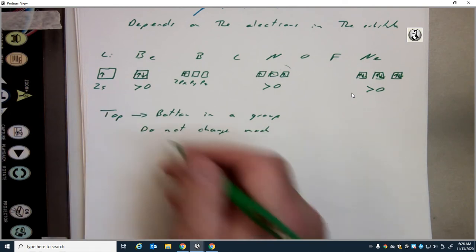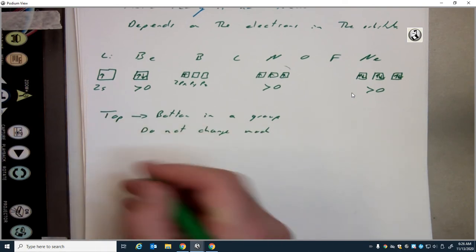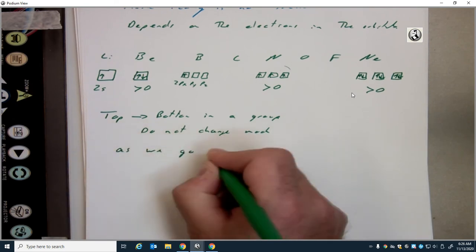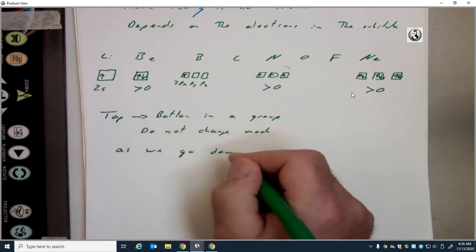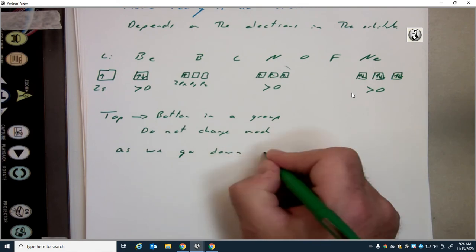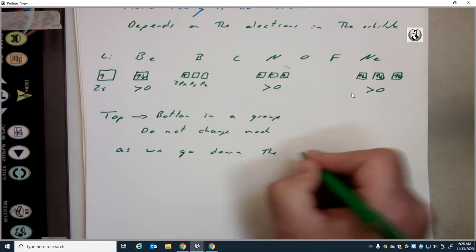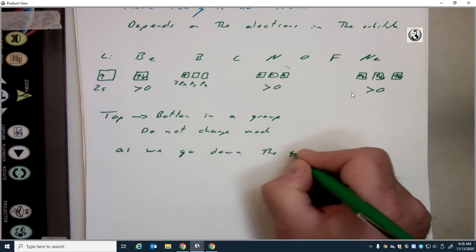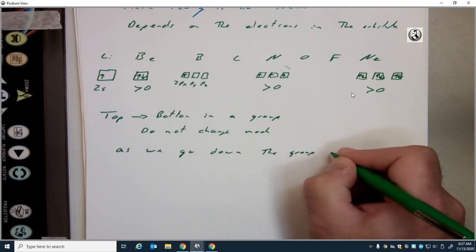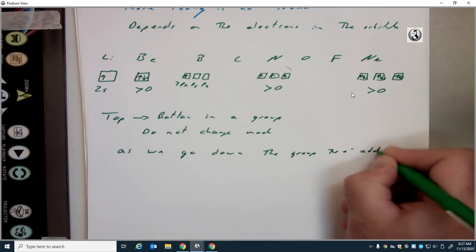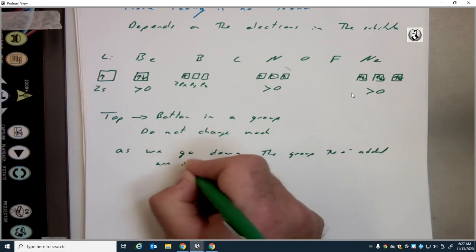So there's a couple things that's happening as we go down the group. As we go down the group, the electrons added are in the same orbital.